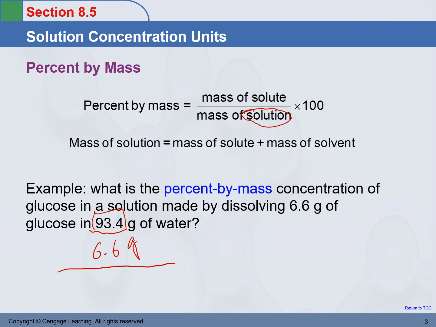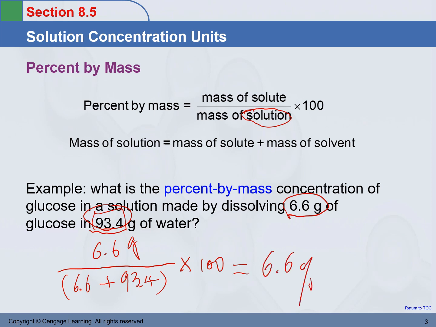You need the mass of solution, which is the solute plus solvent. So 6.6 plus 93.4. Then convert it to a percentage. You're going to get 6.6%. Make sense?